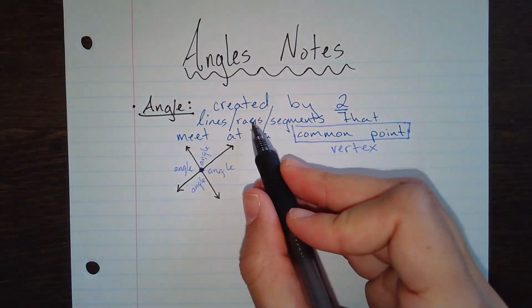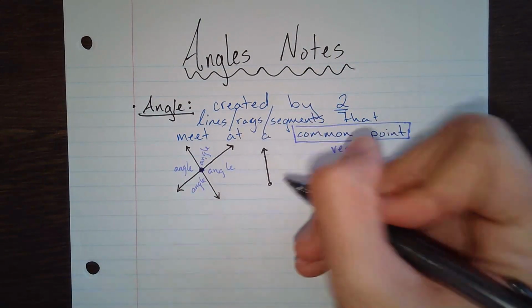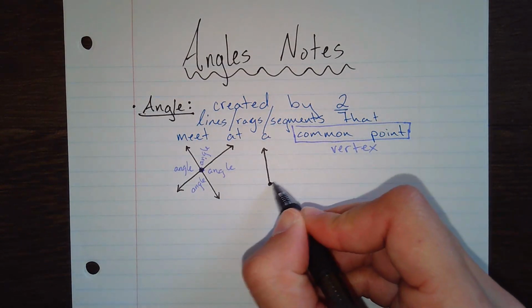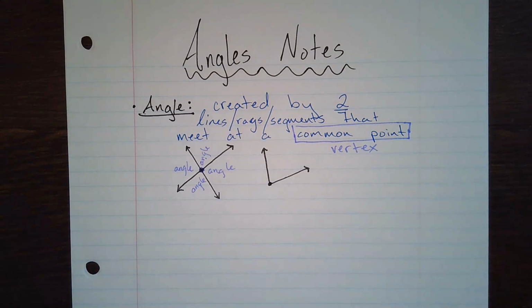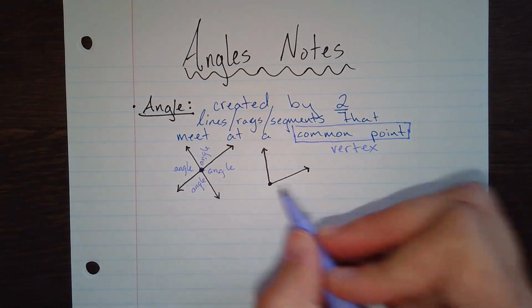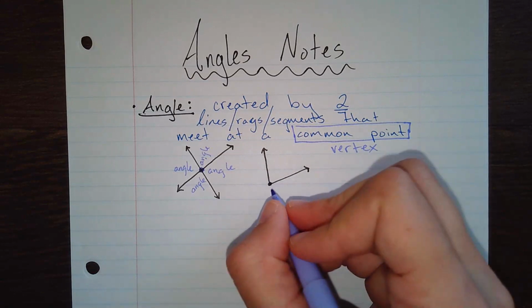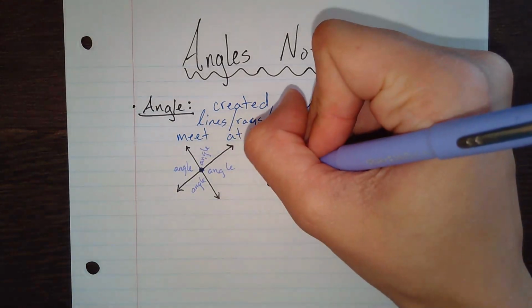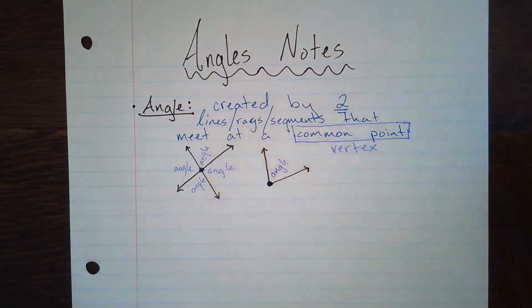Okay, the other option is when we have rays. A ray is like a line, but it doesn't have arrows on both sides. It only has arrows on one. So if we have 2 of those that meet at the same spot, this point right here is our vertex, and this is what we call our angle.